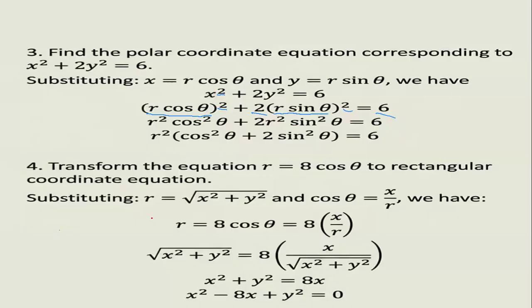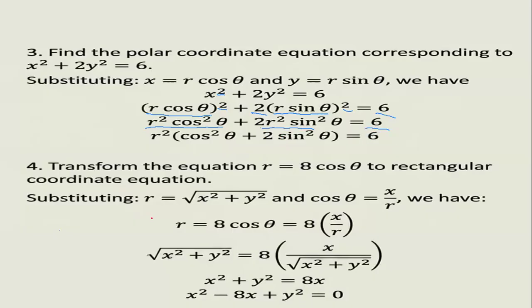Now what we do is square both terms. So we have r squared cos squared theta plus, we multiply 2 times r sine theta squared, so we have 2r squared sine squared theta, and that is equal to 6.